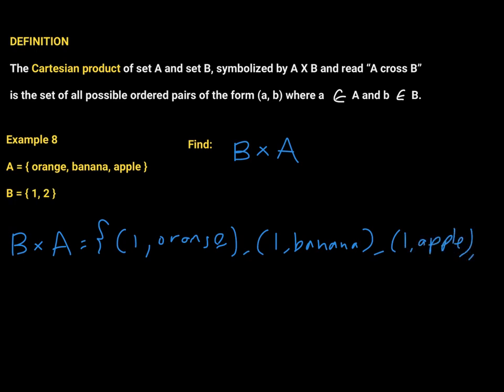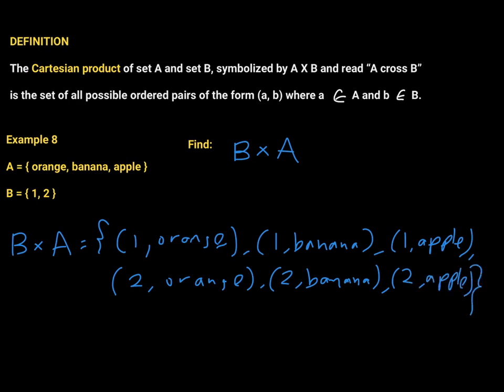So I'm done with the number 1. Now I need to move to 2 and pair 2 with orange, pair 2 with banana, sorry that this is so sloppy, and then pair 2 with apple. Close your set. These are all of the ordered pairs that belong to B cross A.